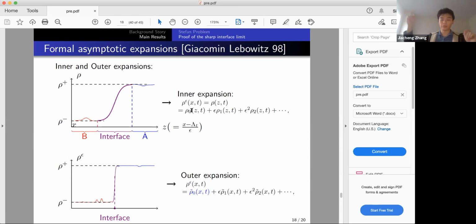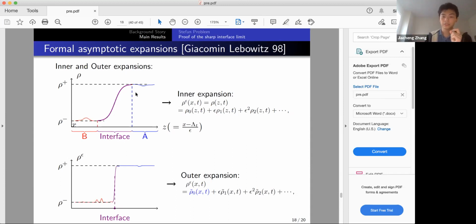But if we zoom in for this inner expansion, the magic thing here is that Giacomin and Lebowitz also mentioned that for this interfacial region, after we zoom out, this rho 0 will behave like a stationary solution for the PDE that this rho epsilon satisfies, and it remains the same shape for each epsilon here.